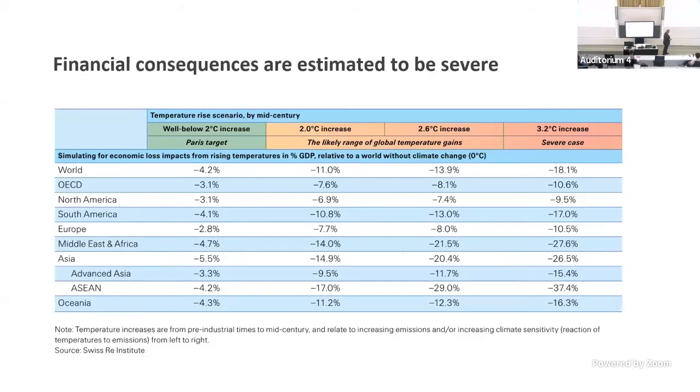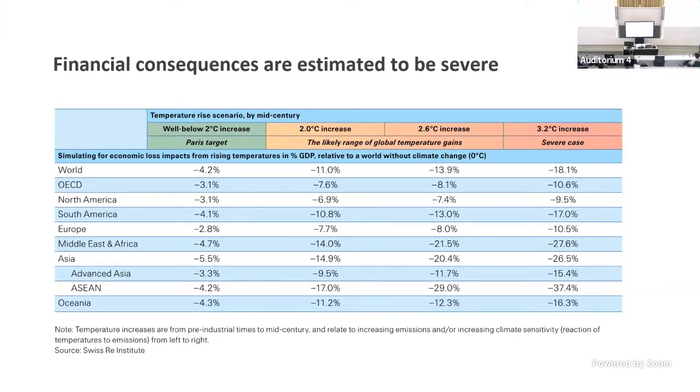So just to give you some figures here, this is from Swiss Re. They have estimated what would happen to gross domestic product under different scenarios for temperature increases. As you can see, when we have the Paris Agreement and the targets there, so well below 2 degrees increase in temperature, that's going to be costly, but perhaps not a complete disaster.